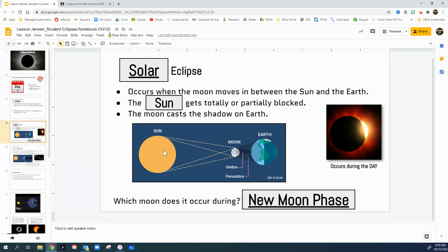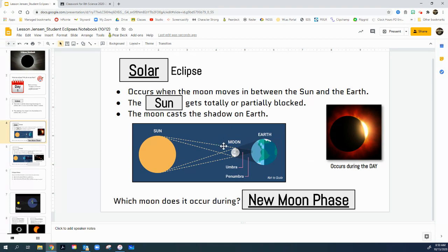As the earth is going around the sun, the moon is going around the earth. The moon doesn't go perfectly around the earth equal to the sun. Actually, it's got a little bit of a tilt to its orbit. So as the moon goes around the earth, it's just a little bit above or a little bit below what would be the perfect spot to cast a shadow.